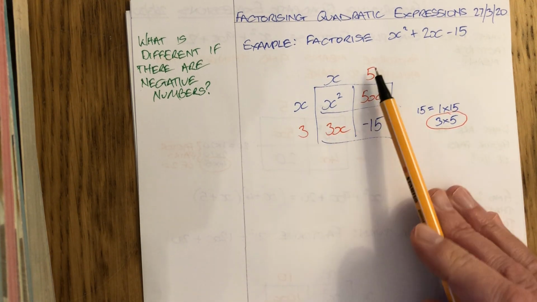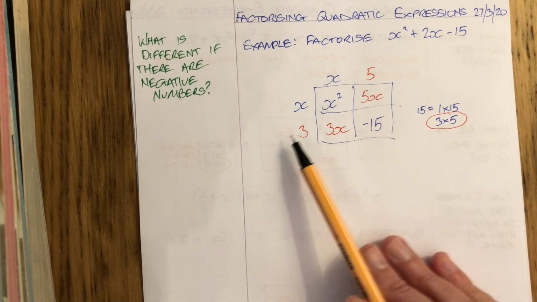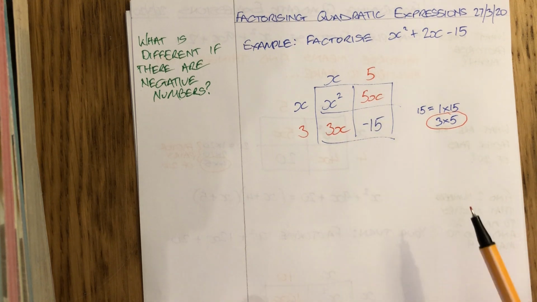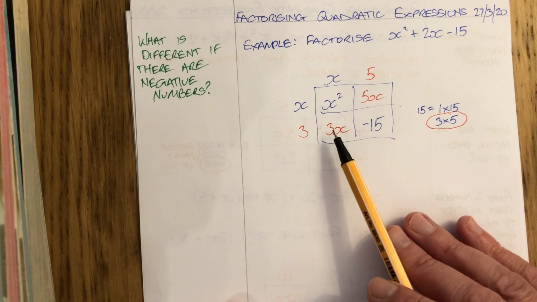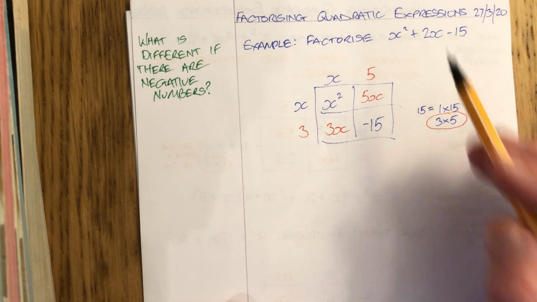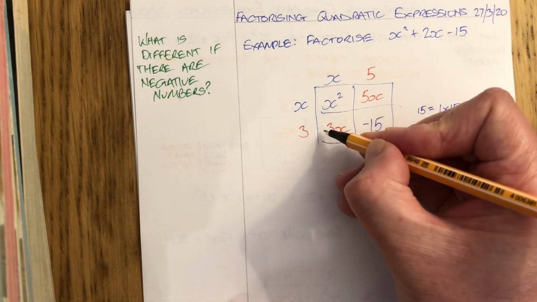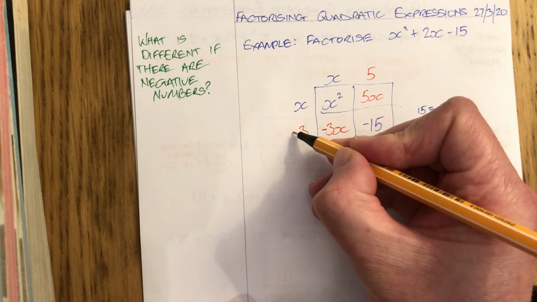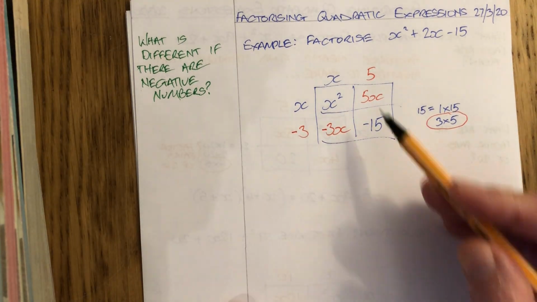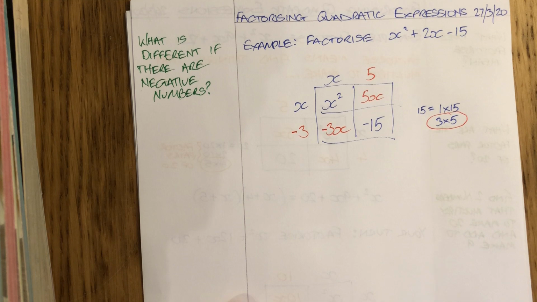When I multiply these, I'll get 15. If I make one of them negative, I'll get negative 15. Okay? So how is it going to work so that these two combine to make 2x? Well, if I add 5x to negative 3x, I get positive 2x. So that means that this is negative and this one will be positive.